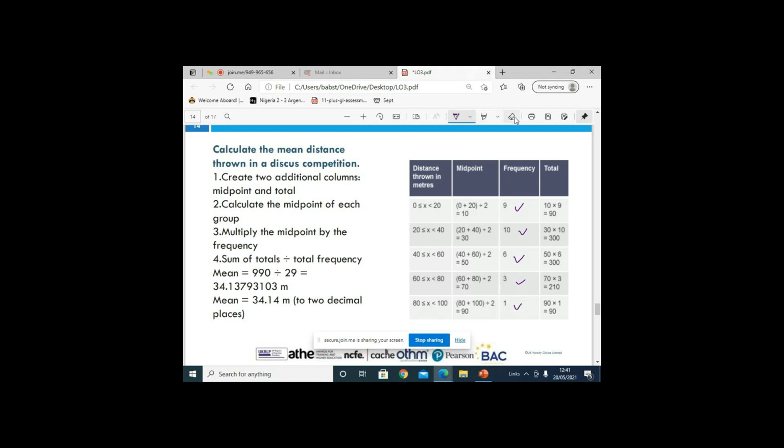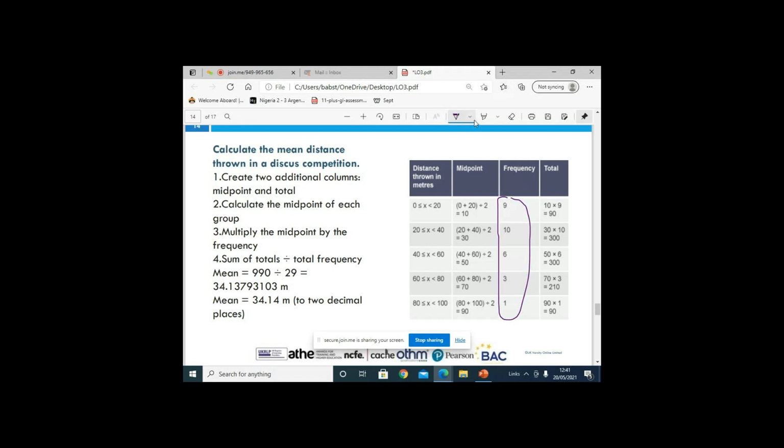So if they ask us to find the mode, what's the modal class? The mode is the most common. You have to look at the frequency. What's the one that occurs the highest? 10.